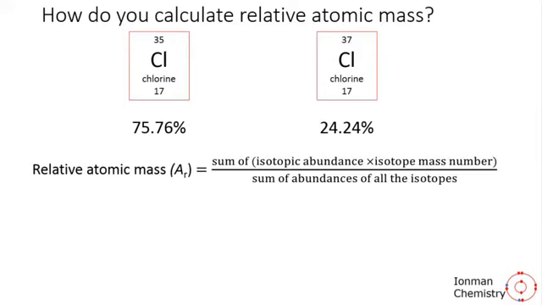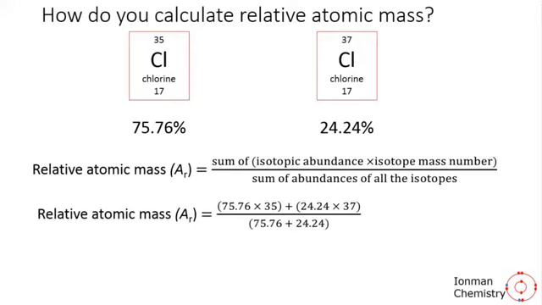And so we can use our calculation I've just shown you, which is the sum of isotopic abundance times isotope mass number divided by the sum of abundances of all the isotopes. So this is what you would do. You would take the abundance of chlorine, which is 75.76. Now, you'd never be expected to know that off the top of your head.